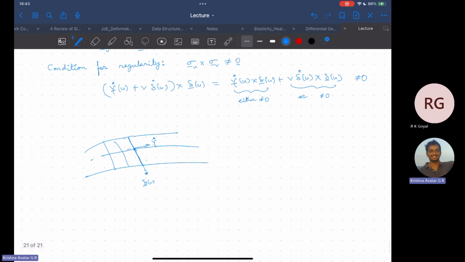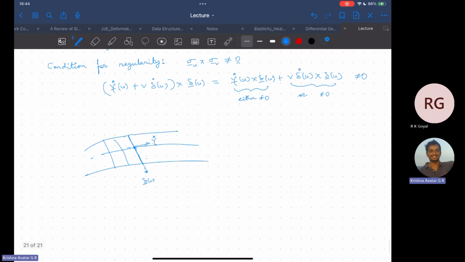I think there was something which we could deduce from these conditions, that something should not be parallel. So del vector dot U may or may not be perpendicular to.